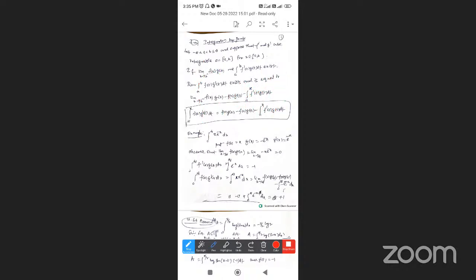So the integration by parts formula: the integral a to x of f of t into g dash of t dt is equal to f of x into g of x, upper limit minus lower limit f of a into g of a, minus the integral a to x of f dash of t into g of t into dt. So this is the formula by parts.